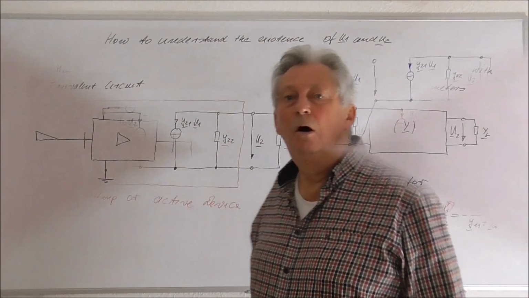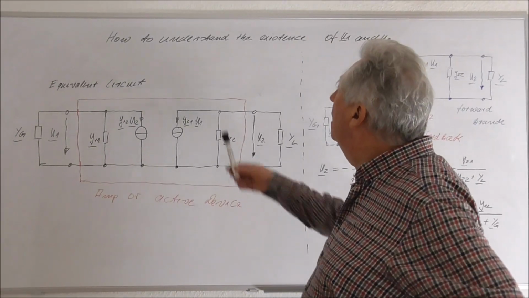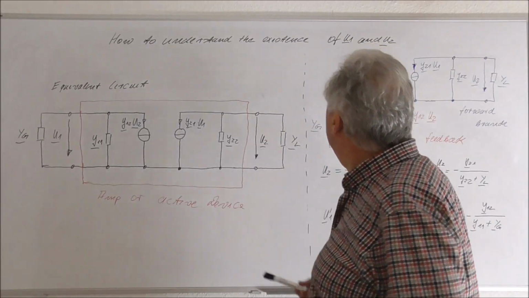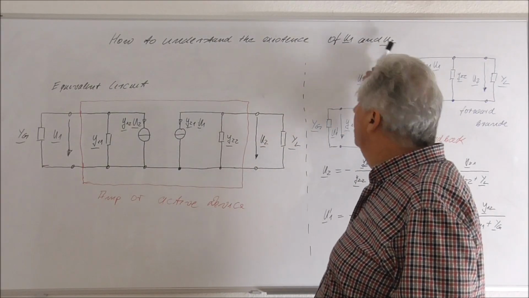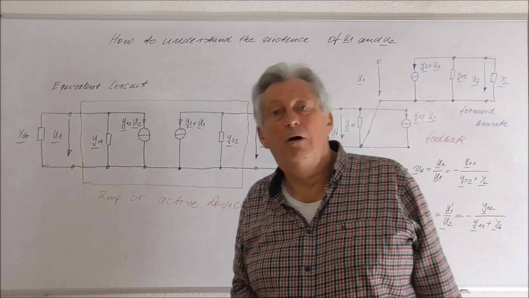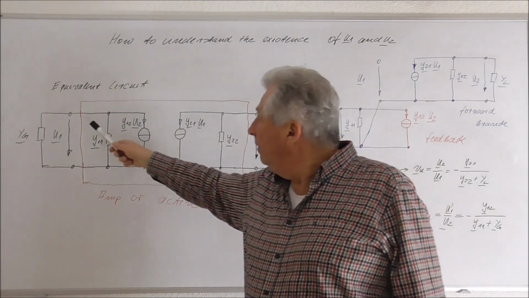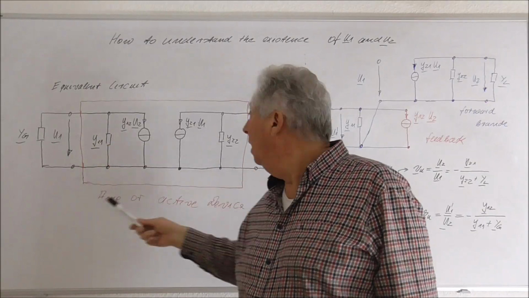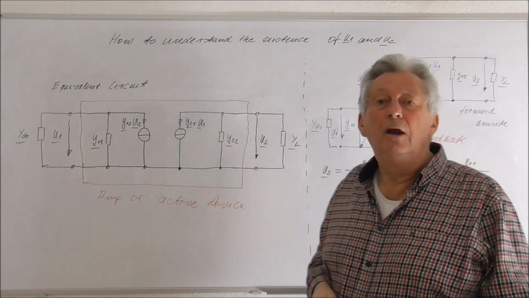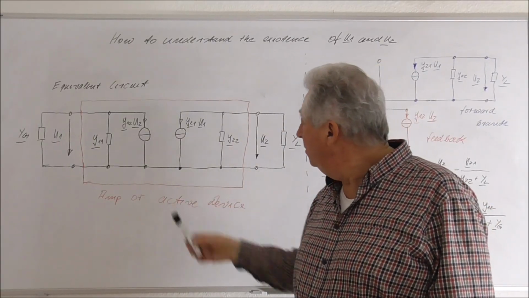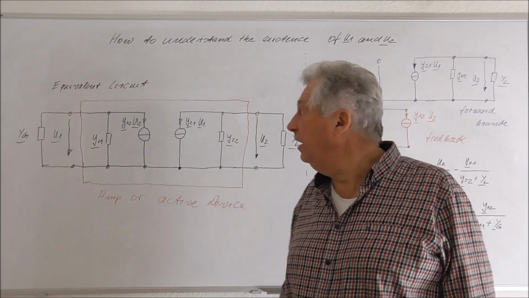So now I want to go on in our consideration, and discuss with you the question of how to understand the existence of U1 and U2. We saw in the preceding section that the voltage U1 and the voltage U2 will exist in the case that our amplifier or active device is unstable.